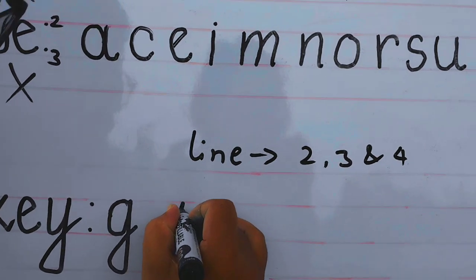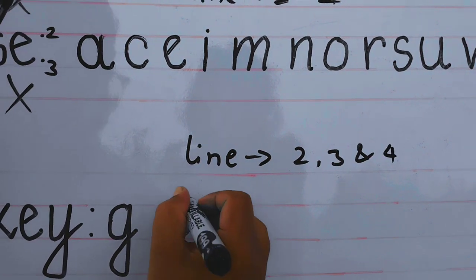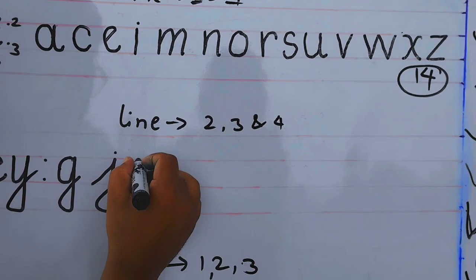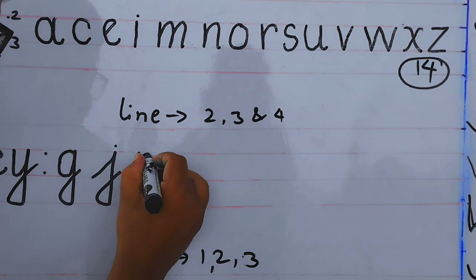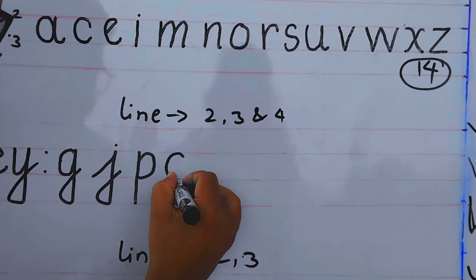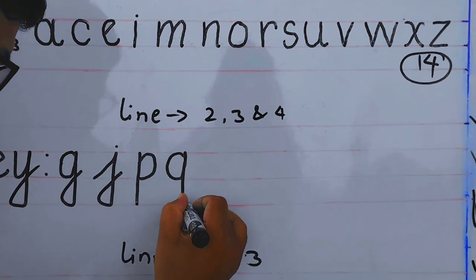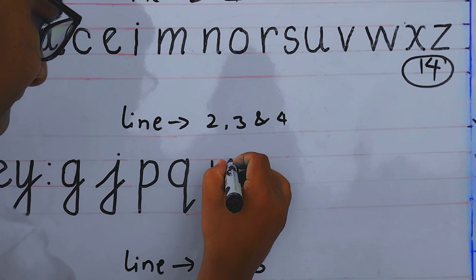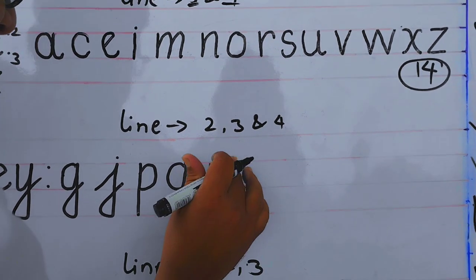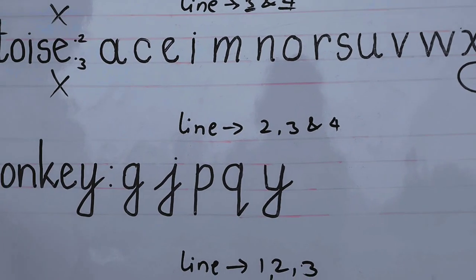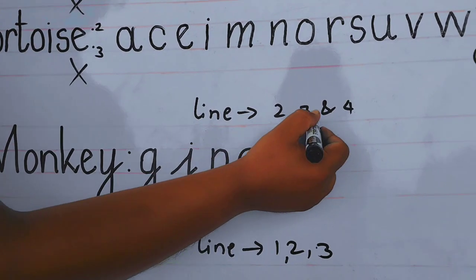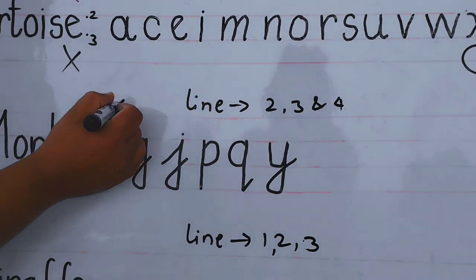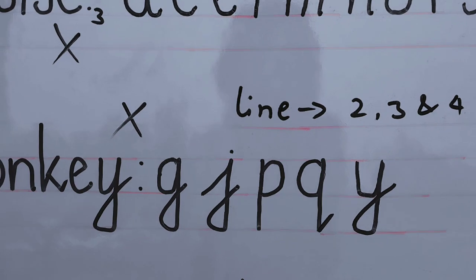J, P, Q. Look at the process. Okay, this is how we write monkey letters. Only the second, third, and fourth lines. The first line has nothing to do with monkey letters.